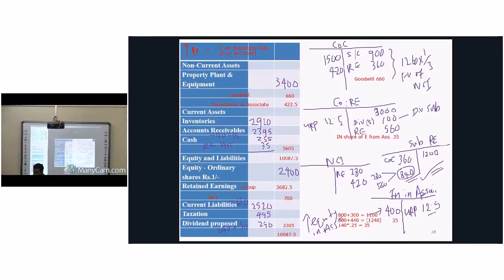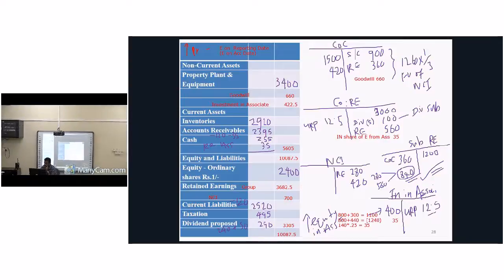Equity on the reporting date is 1240, equity on the acquisition date 1100, increase is 140, that into 25% is 35. Then the increase in share of equity we account as investment in associate debit, consolidated retained earnings credit. Understood? It is another one.